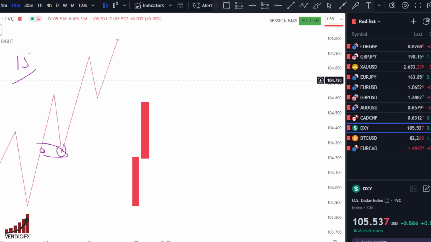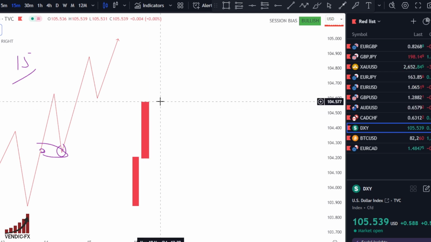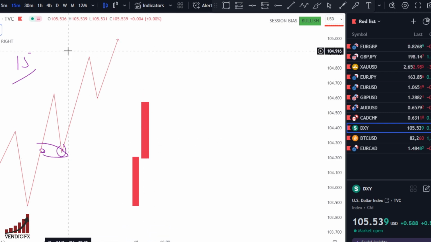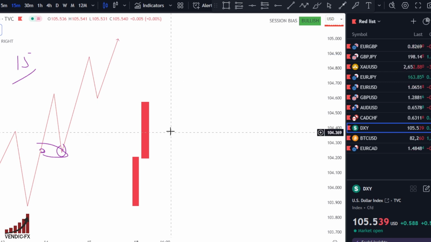It is not advisable for you to just get into the market at the opening of the day. You might get a fake out, because in this candle you don't know where the previous liquidity is, so the market will tend to fill up the previous liquidity before it heads upward.